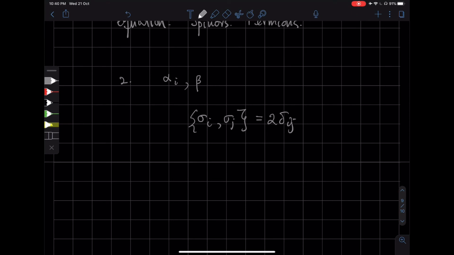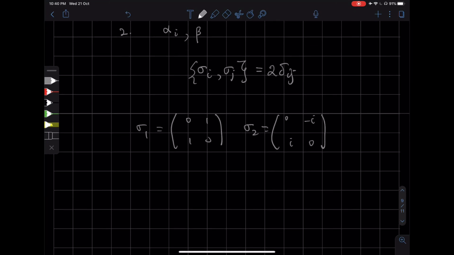If you don't know what the Pauli matrices are, let me remind you. Sigma 1 is 0, 1, 1, 0 on the off diagonal, sigma 2 is 0, 0 on the diagonal and minus i, i on the off diagonal, and sigma 3 is 1 and minus 1 along the diagonal and 0, 0 on the off diagonal.